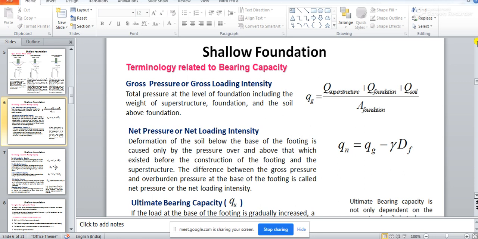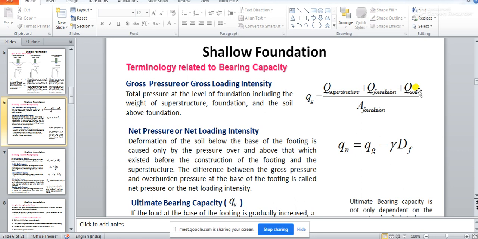For the building there will be a superstructure, and from the superstructure some load will be coming. As well, the foundation itself will have some load. So the load of the superstructure, Q superstructure, the load of the foundation, and the load of the soil.